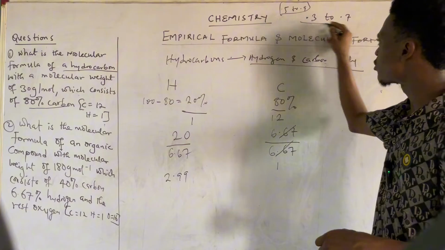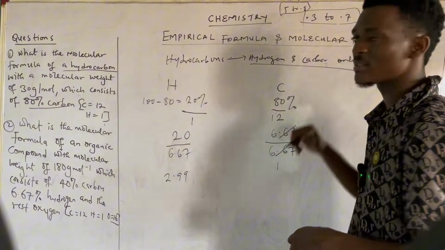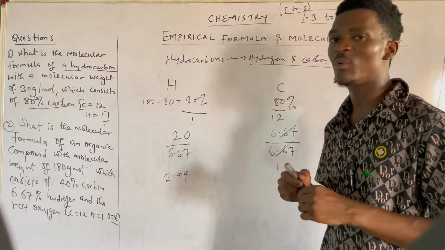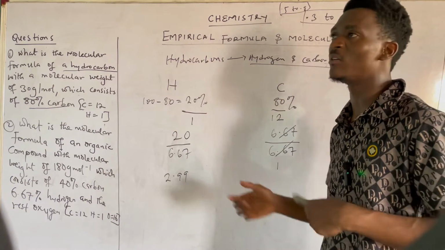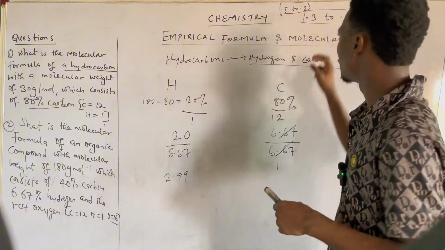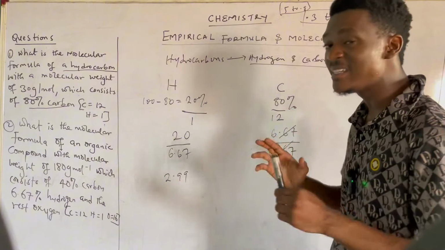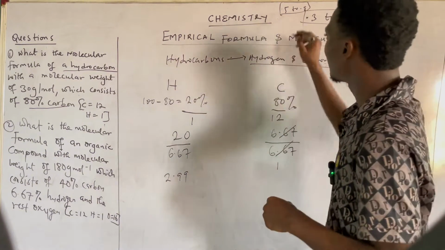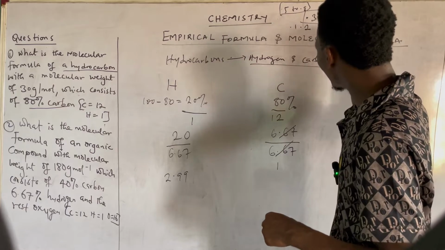Now, when you have a range of 0.3 to 0.7, please don't approximate. Just look for a way of multiplying all through by a common factor of 2, 3, 4, or 5, in order not to have this range. You get the point? So the only values that you can approximate in empirical formula are 0.1, 0.2, then 0.8, 0.9.